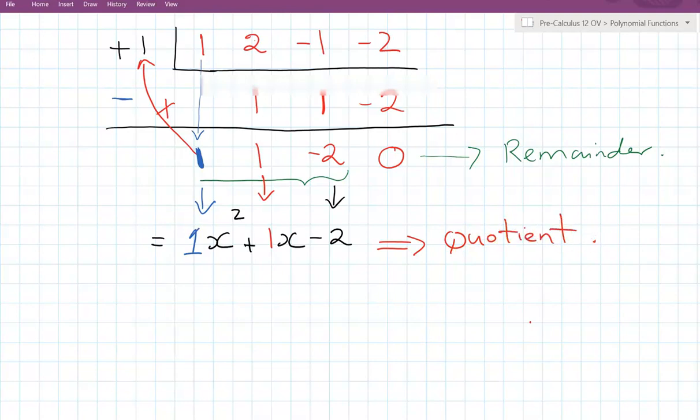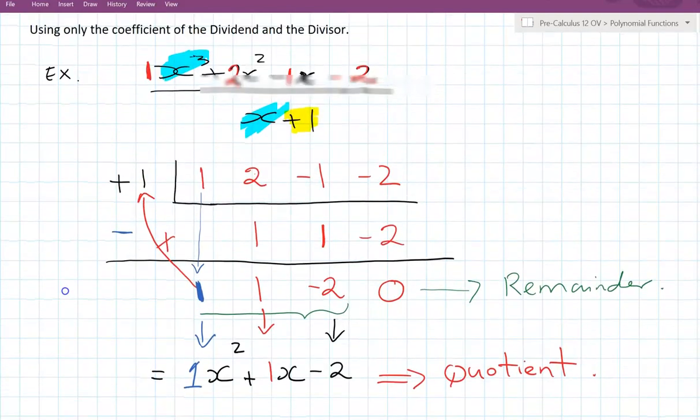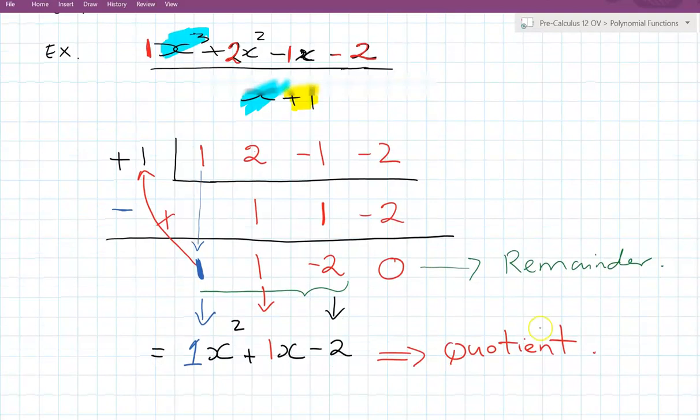Great. And then the division statement for this one: when you divide that, the remainder is 0. That's telling me that when the remainder is 0, x plus 1 is a factor of the original.